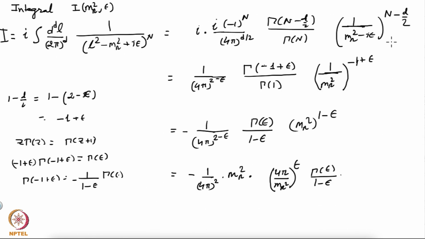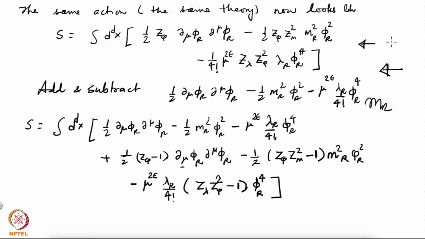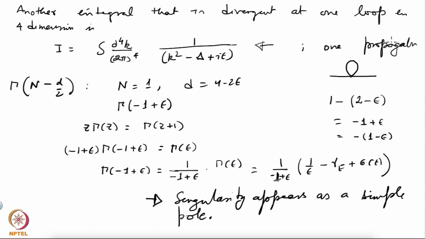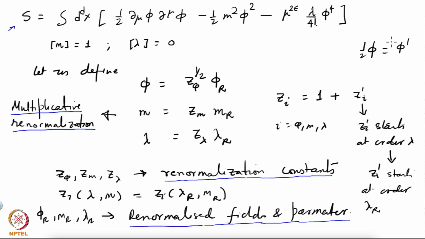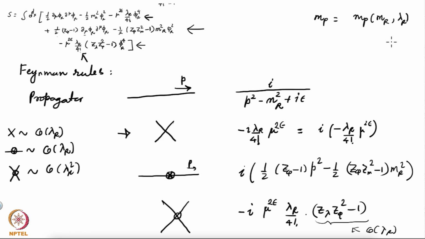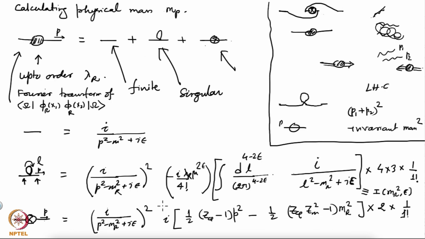If you remember, here you see this counter term vertex which had an explicit factor of lambda r, and because Z lambda and Z phi are 1 plus order lambda r terms, this thing contributes at order lambda r. So lambda r times lambda r, it's a lambda r square term. So this counter vertex is order lambda r square.